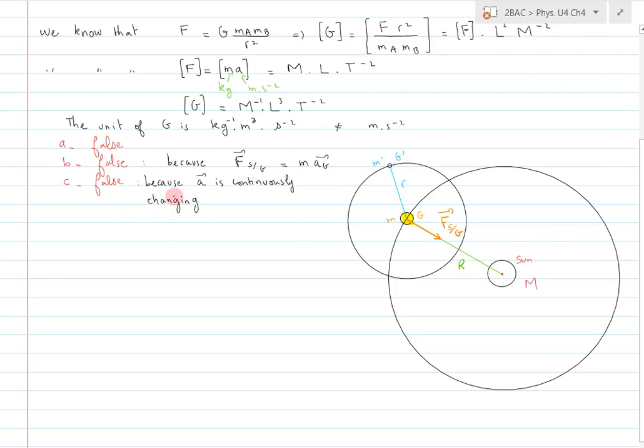Because it's a vector, the vector changes if it changes direction or orientation, or magnitude, or all three at the same time. So A changes direction. At different points of the trajectory, A has a different direction, so A changes continuously.